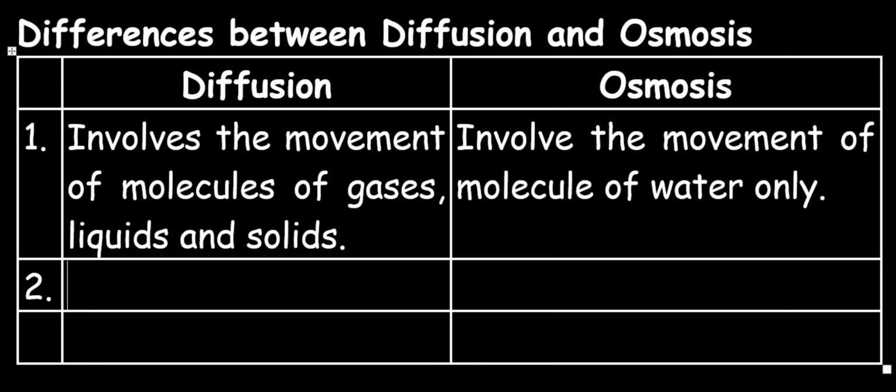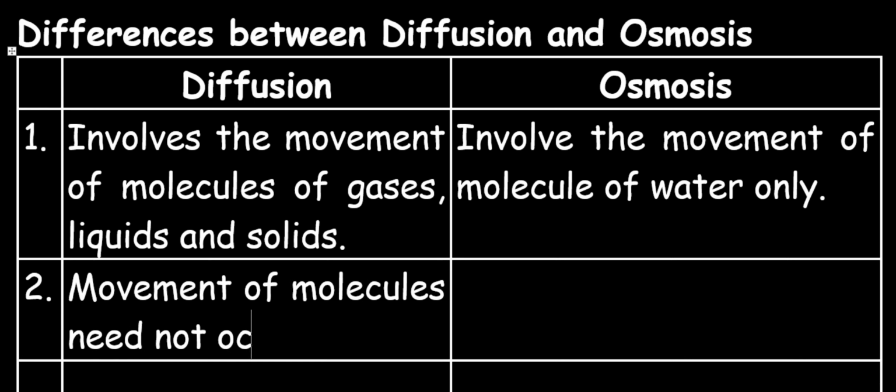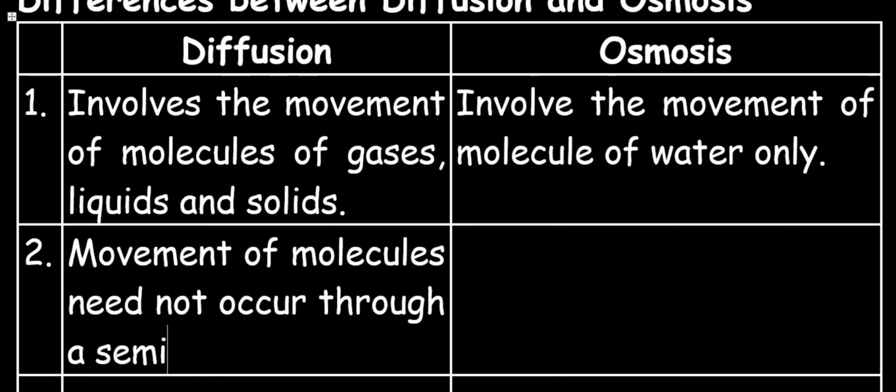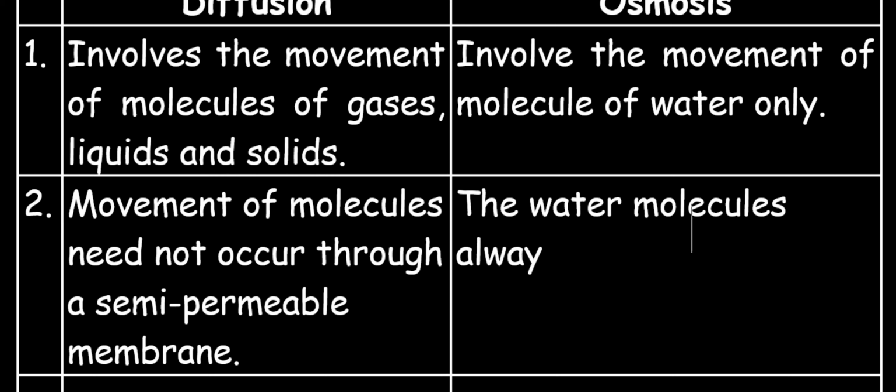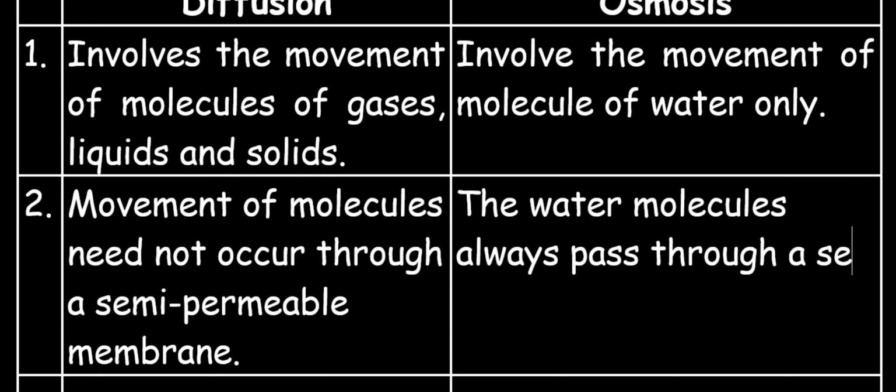In diffusion, movement of molecules need not occur through a semi-permeable membrane. That is, a semi-permeable membrane is not involved. But in osmosis, the water molecules always pass through a semi-permeable membrane.